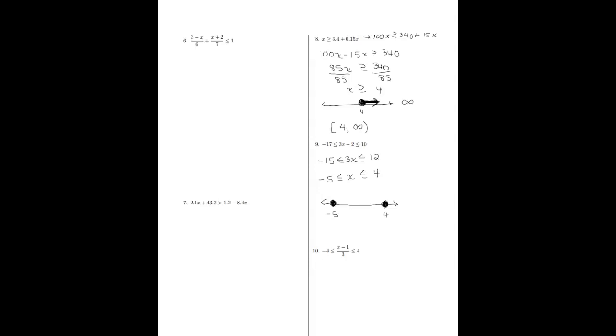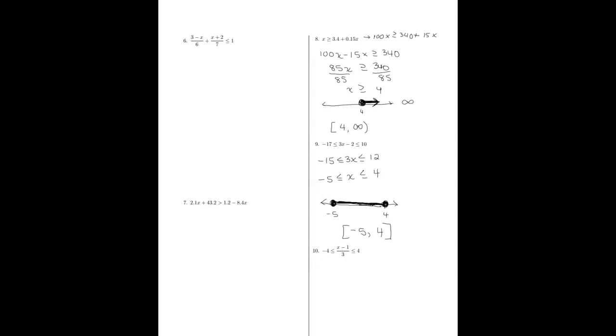This is bracketing our x, so we're looking for everything in between those 2 values, including those values. So we've got a square bracket, negative 5, 4, and a closing square bracket. That is going to be our solution for number 9.